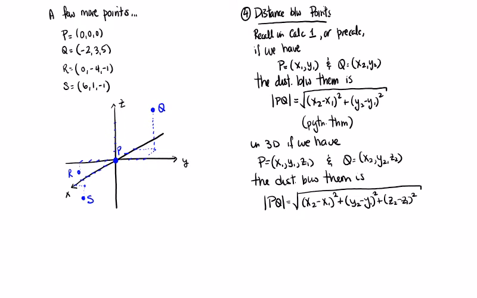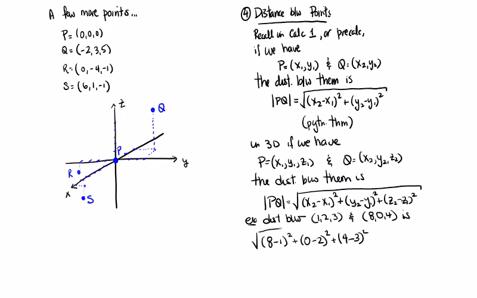So for example, the distance between, say, 1, 2, 3 and 8, 0, 4 is simply square root, and I'll do them in the same order that I listed them. 8 minus 1 squared plus 0 minus 2 squared plus 4 minus 3 squared.